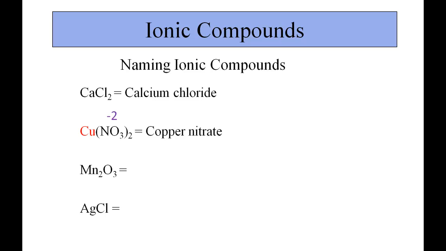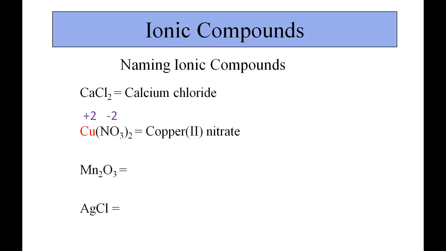So that's going to give us a -2 charge for the nitrates. Well, if this is going to be a neutral compound, then we must have a +2 for the copper. And since there's only one copper to give us that +2, then each copper must be a +2 charge. So I'm going to write copper 2 nitrate. That tells us that the copper has a +2 charge and it's paired up with nitrate.